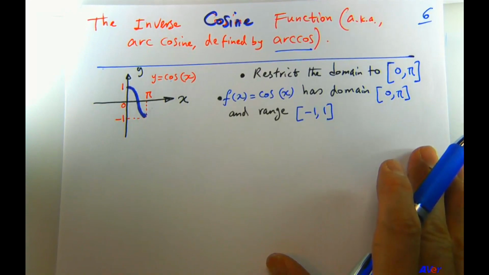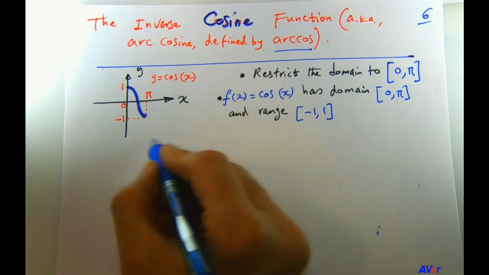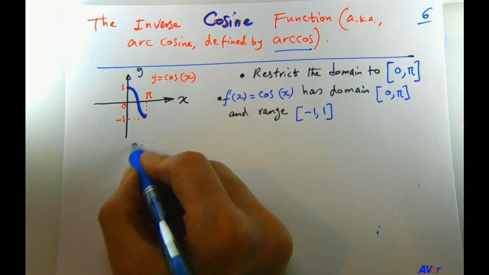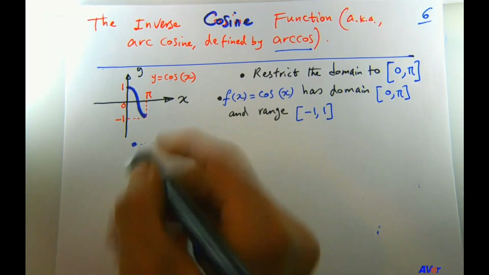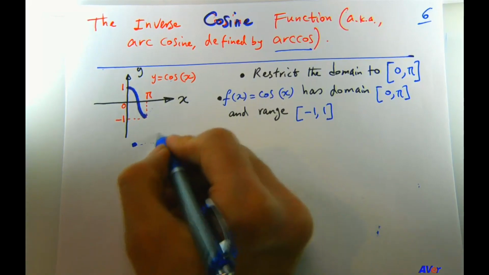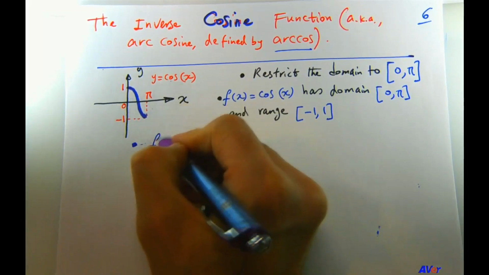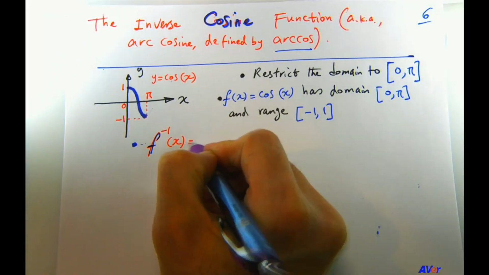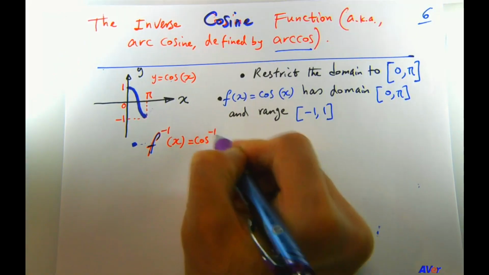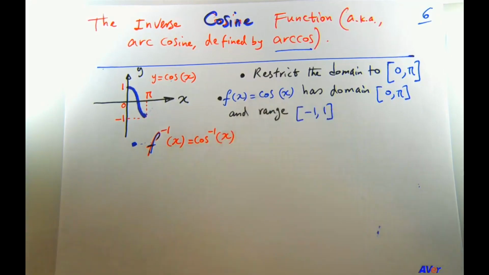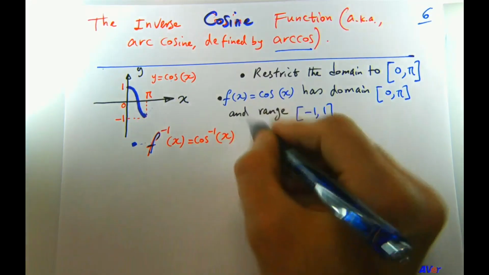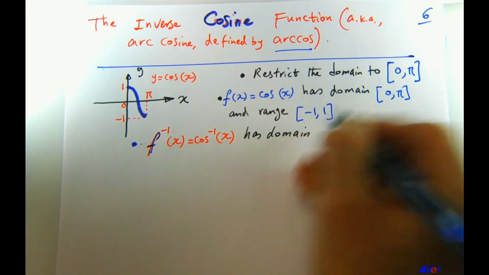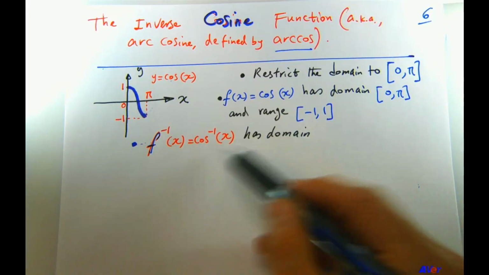Okay, so now the inverse function of the cosine function has domain. What do you think the domain of this will be?